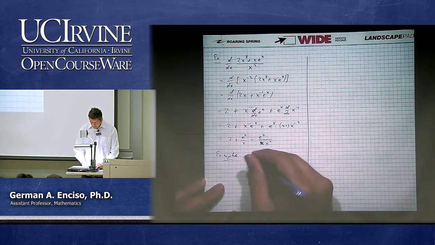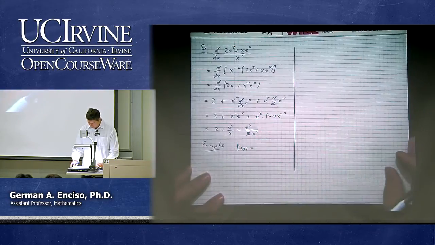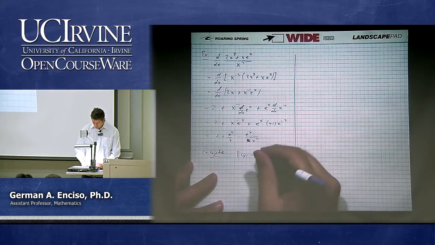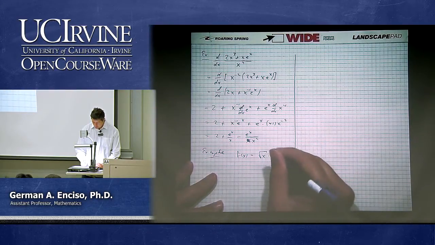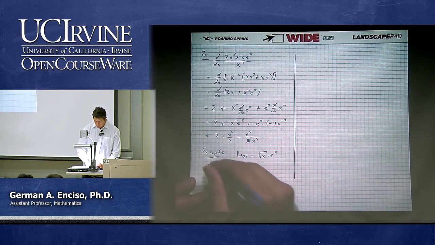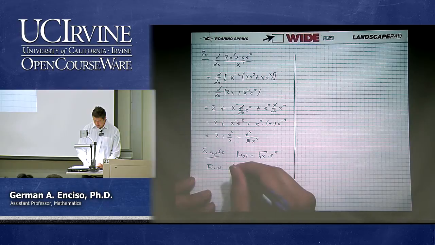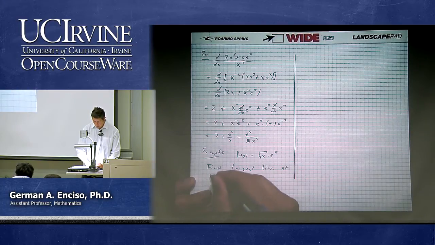Let's say that f of x is equal to square root of x times e to the x. And we would like to find the tangent line at the point x equals 1.